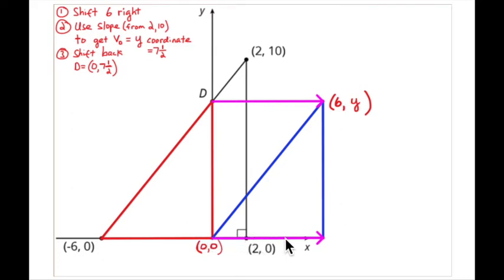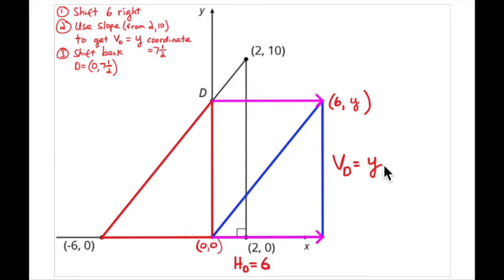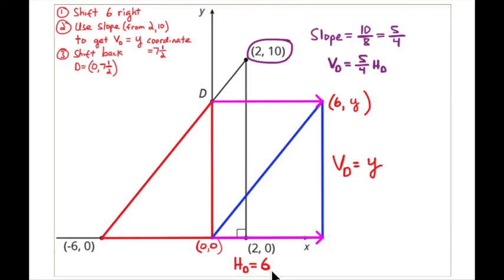So we're moving this over 6 units, so the x value becomes 6, and the y value is y, because we don't have to slide it up and down at all. So the number of units along the horizontal axis is 6 units. The number of units along the vertical axis is y units. So this is y units, this is 6 units. So it's going to be y over 6.